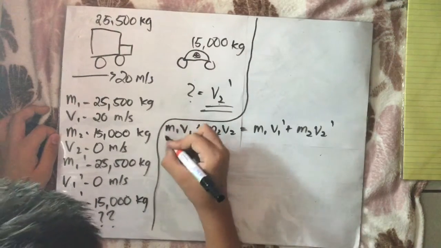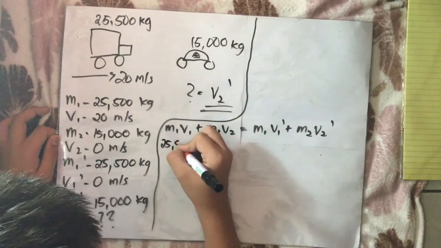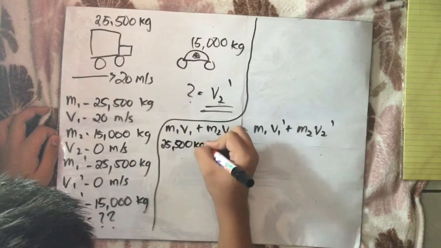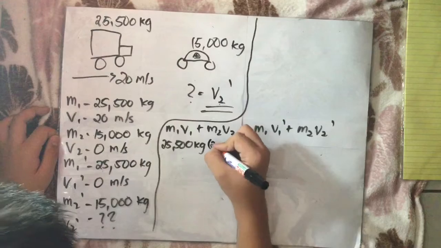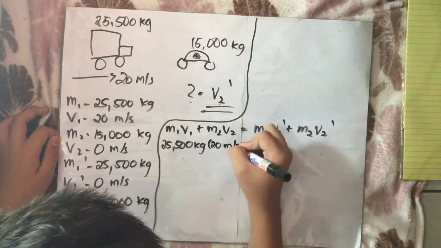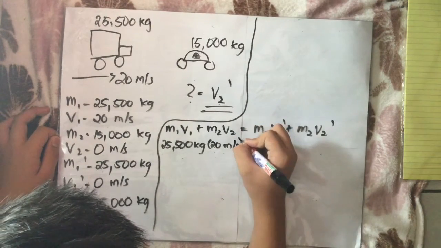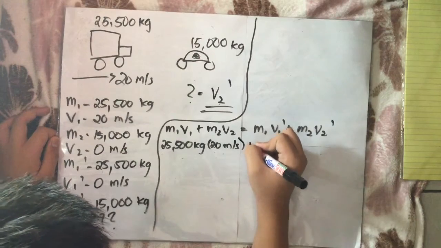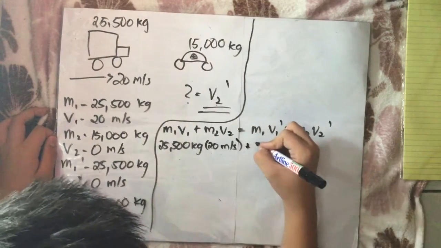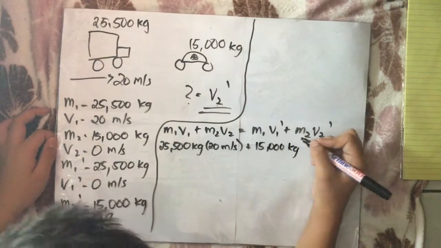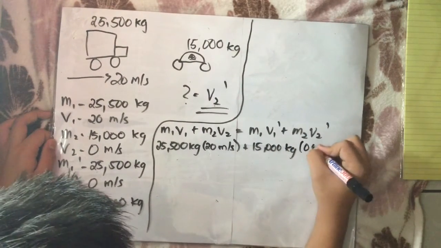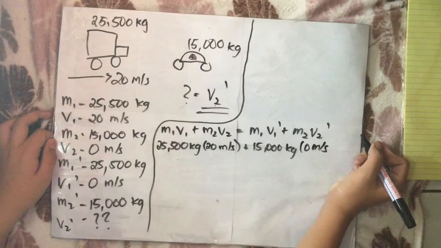So mass 1 we got 25,500 kilograms times 20 meters per second plus mass 2 is 15,000 kilograms multiplied to 0 meters per second.